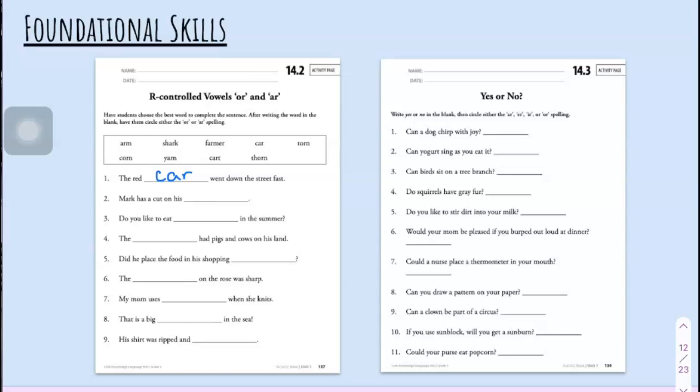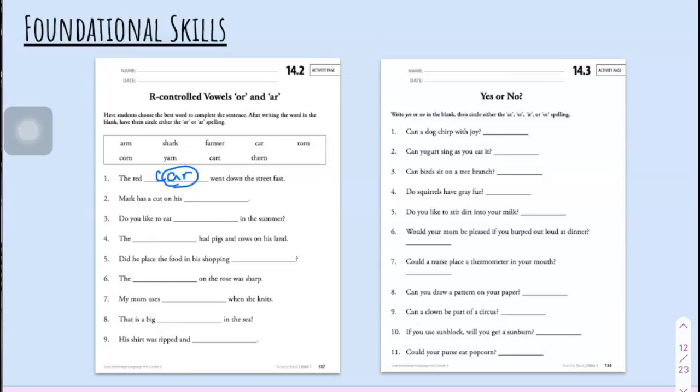And then it said circle the spelling. So I'm going to circle AR in that word. The words are arm, corn, shark, yarn, farmer, cart, car, thorn, torn.